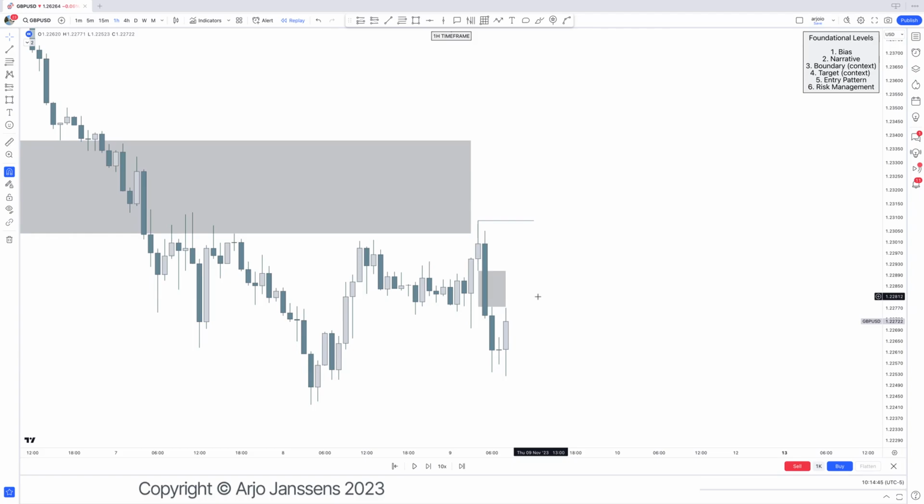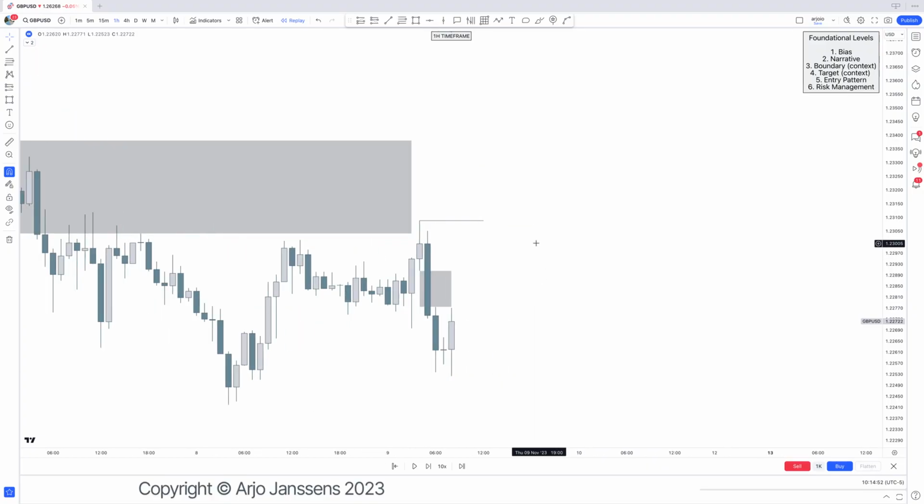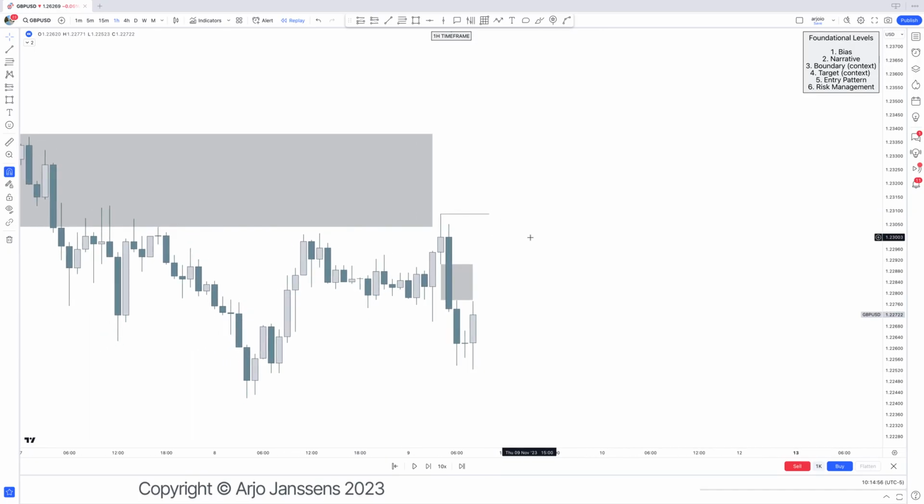So every single one is in alignment with each other right there to say we are continuing lower. And if we are continuing lower, then this right now is our protected high that we are not trading back above. So this is extremely high probability to continue lower with this protected high right there. And that is essentially all we are constantly doing.